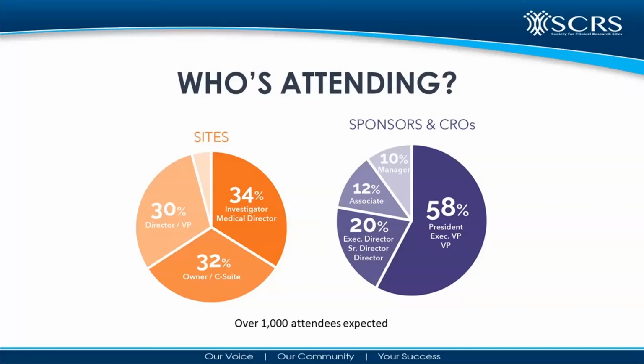And the reason is just that if you think of it, you need sites to conduct research, and whether your solution or service is directly focused on those sites or the sponsors and CROs that work with those sites, just like SCRS shares, site success impacts everyone in research. And that is really what we try to amplify at the summit, this summit and all summits throughout the year.